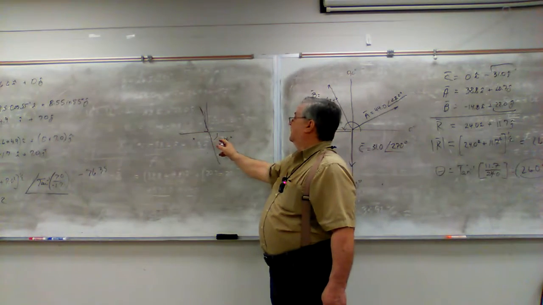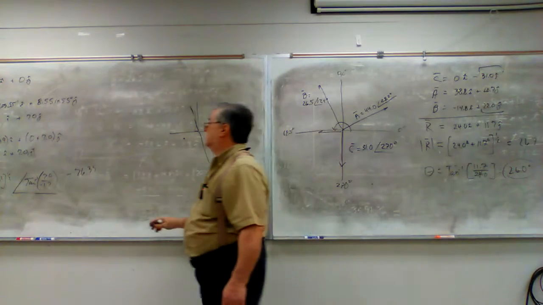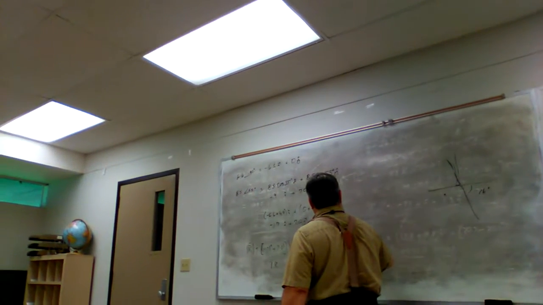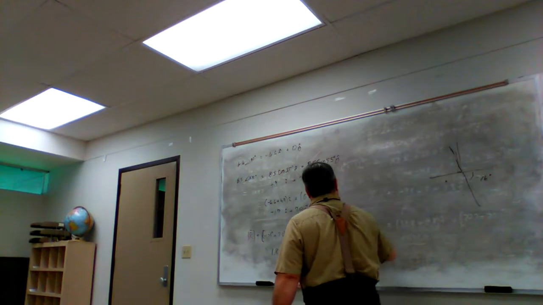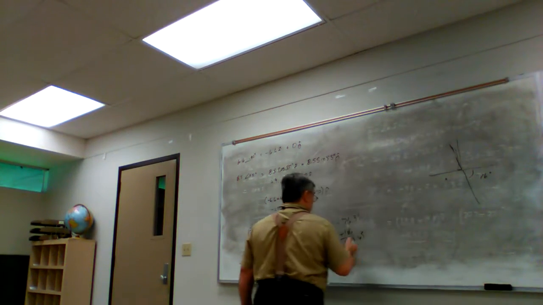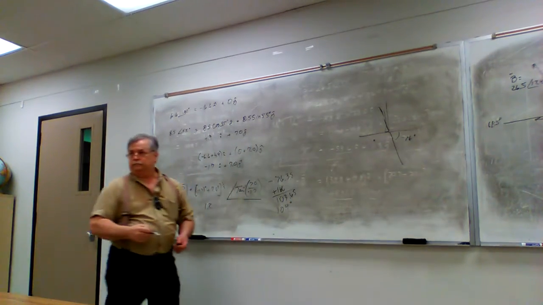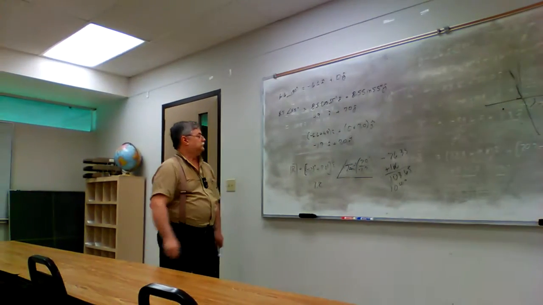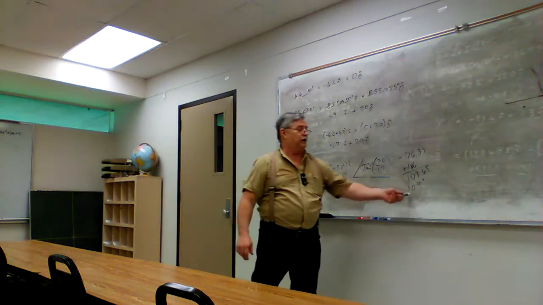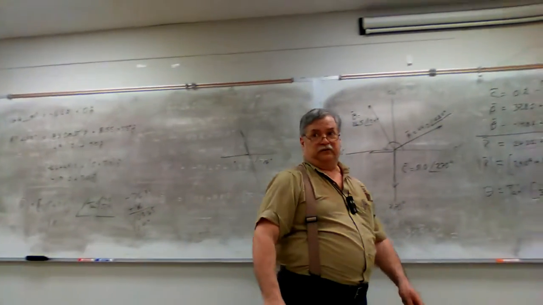So what's negative 76 point whatever plus 180? .65, so 103, say 104 degrees to 3 digits. And there's your polar form, that's the magnitude and direction. 7.2 at 104 degrees, not minus 76 degrees.